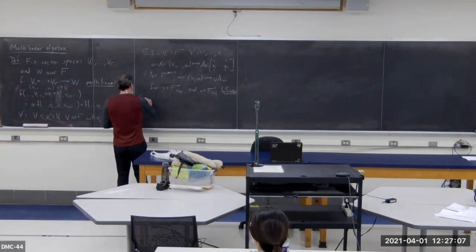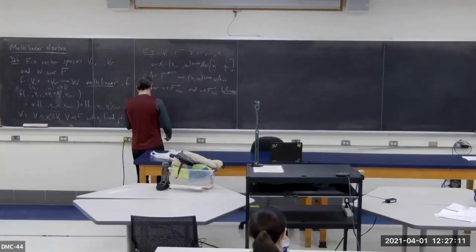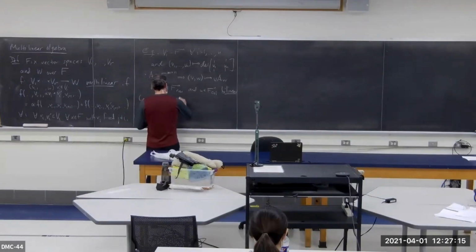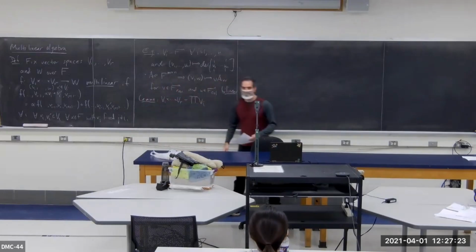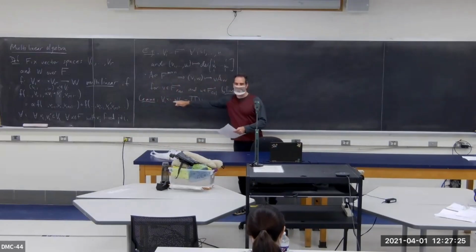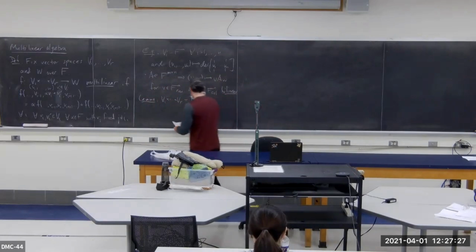Okay, lemma. If you have V_1 cross through V_r, that's going to be denoted as the product of the V_i, so this is the shorter way to write it: the product over i equals 1 to r of V_i.